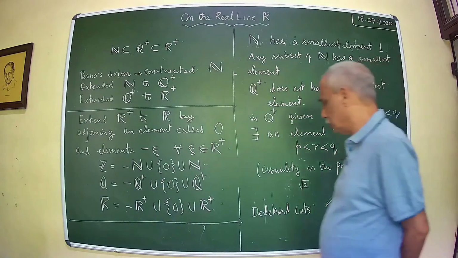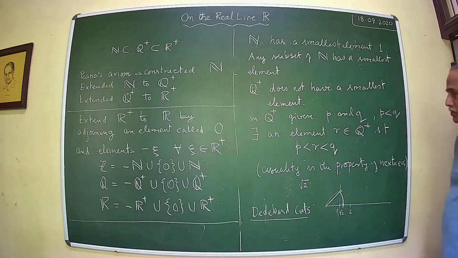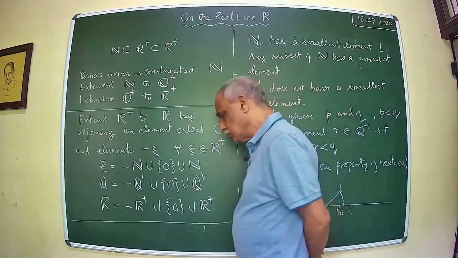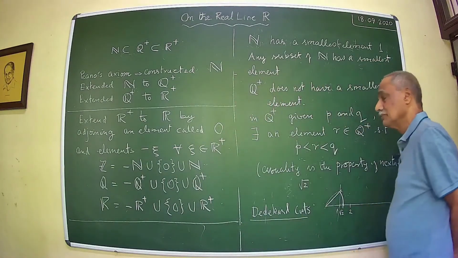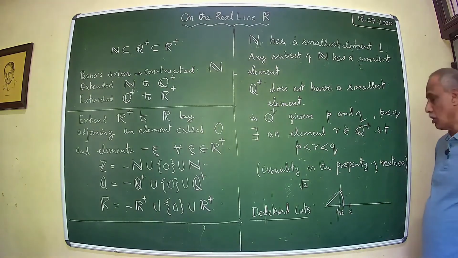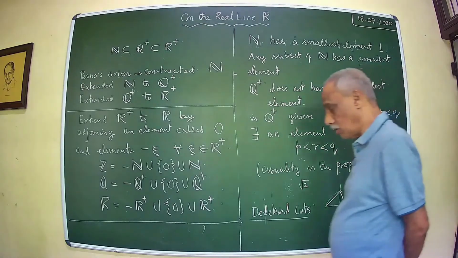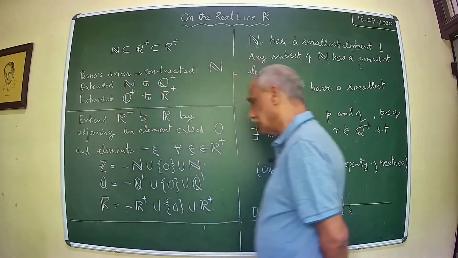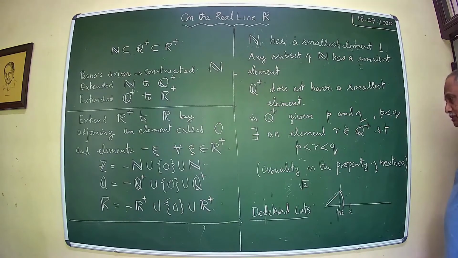Then you can show that once the new class R plus is constructed, all the gaps have been filled on this half line. Okay? Or, what you call, all subsets of this that are bounded above have a least upper bound. Okay? Right?